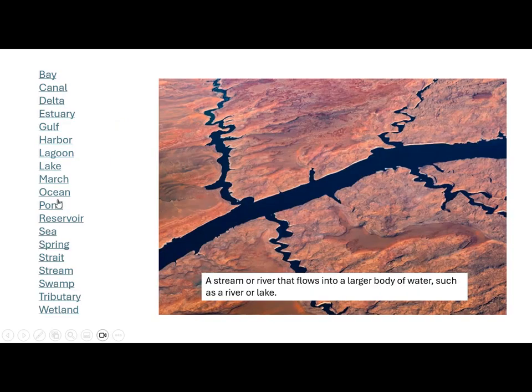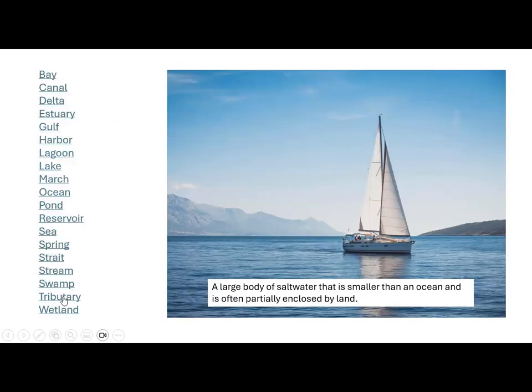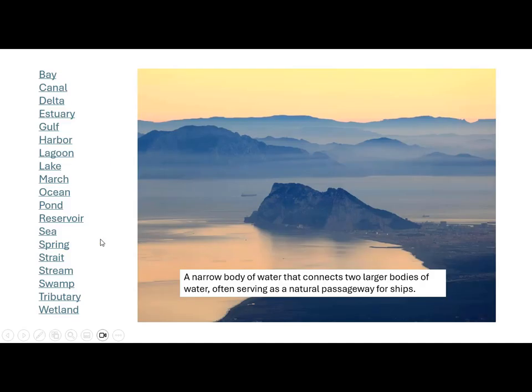And here is a stream or river that flows into a larger body of water. Therefore, this could be a tributary, correct. And this is sea, looks like a sea.